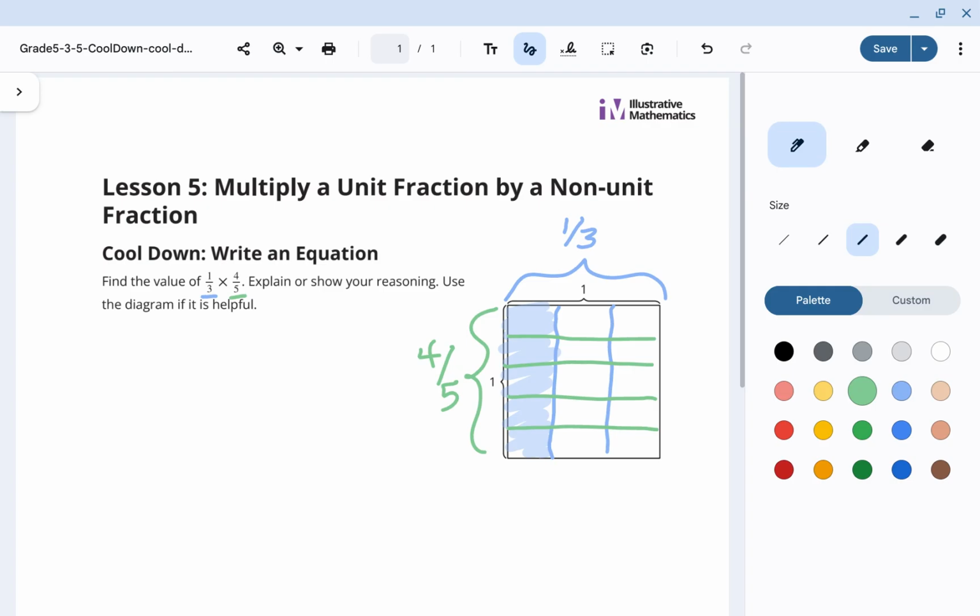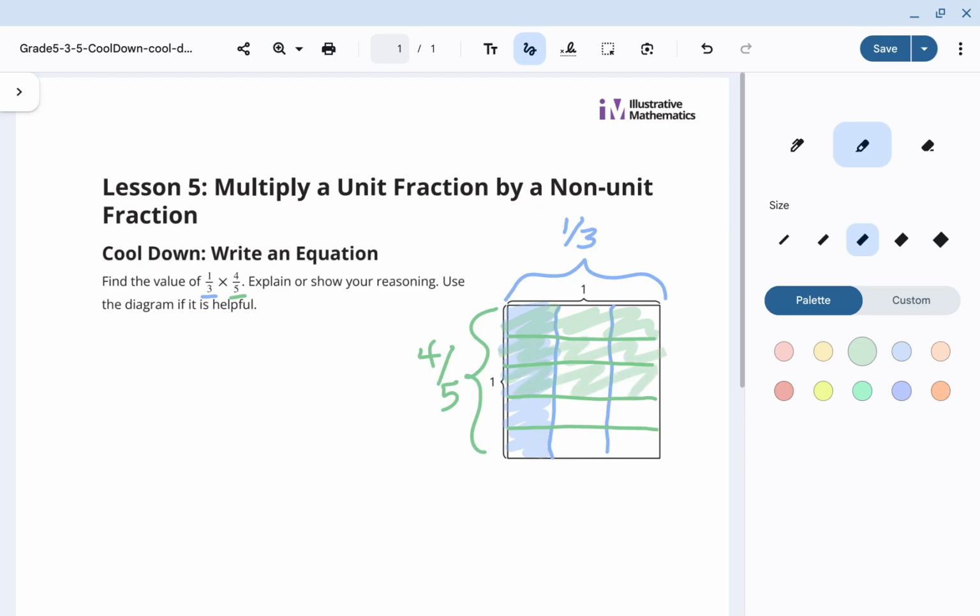Now I have my denominator reflected in my whole, but I need to shade 4 of the 5. So I see 1 shaded here, 2 shaded here, 3 shaded here, and 4 shaded here. Do you see 4/5 of the rows shaded?